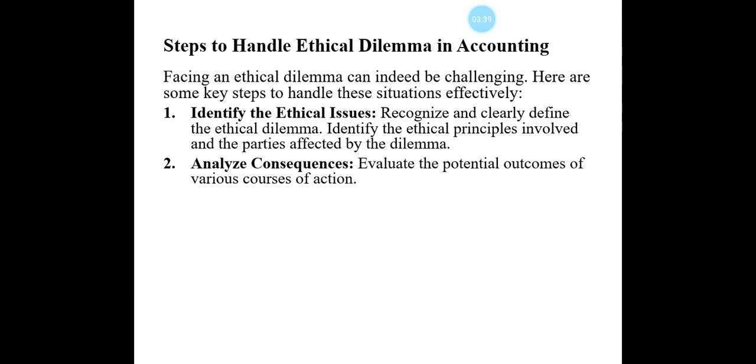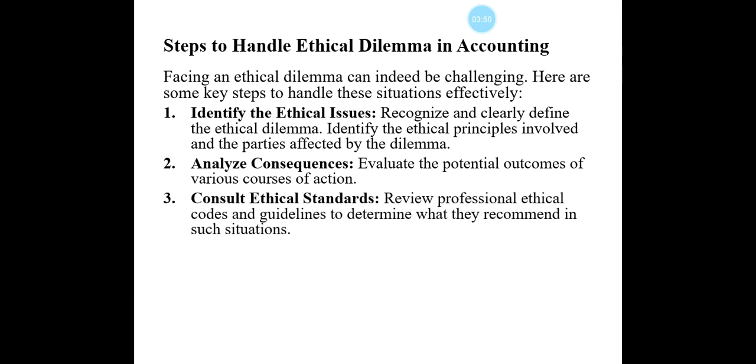Facing an ethical dilemma can indeed be challenging, so here are some key steps to handle this situation effectively. The first step is to identify the ethical issue, which means that you have to recognize and clearly define the ethical dilemma. Therefore, you are going to identify the ethical principles involved and the parties affected by this dilemma.